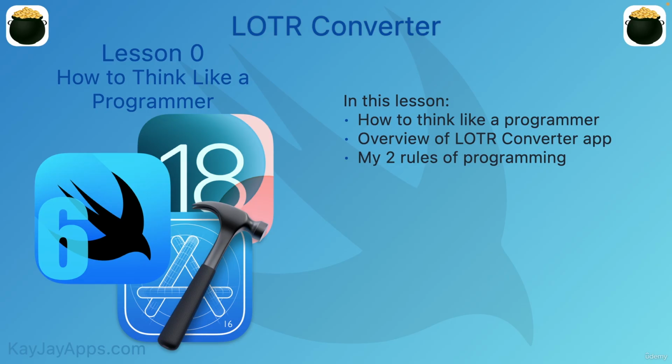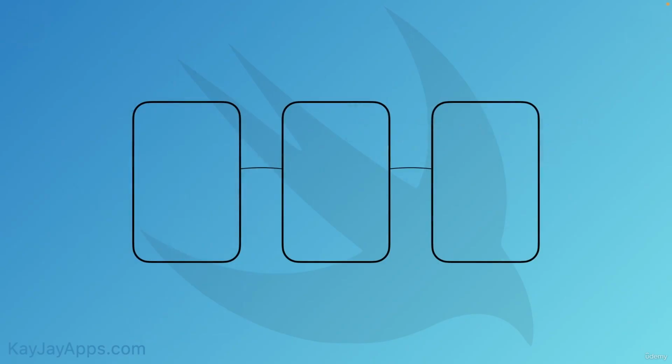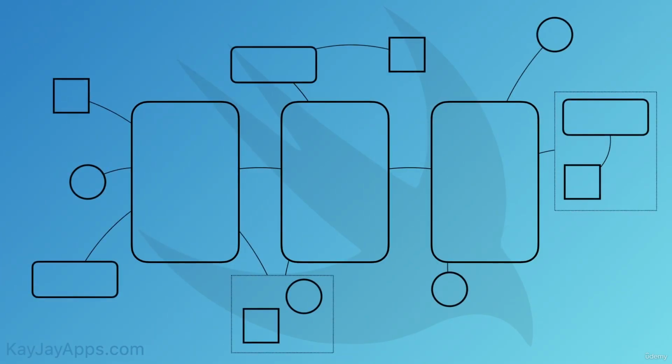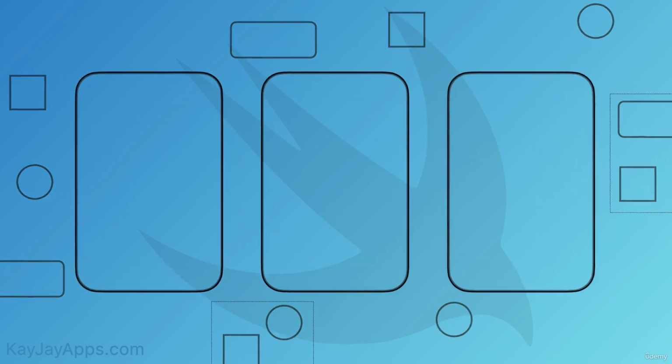But I will give you a general overview of common app architectures and show you how most apps are generally organized and built. So most of the time, there are 3 main parts to an iOS app. And then there are also lots of additional things or smaller attachments or services or whatever that you can add to your app as you need them. But let's start with the main 3.